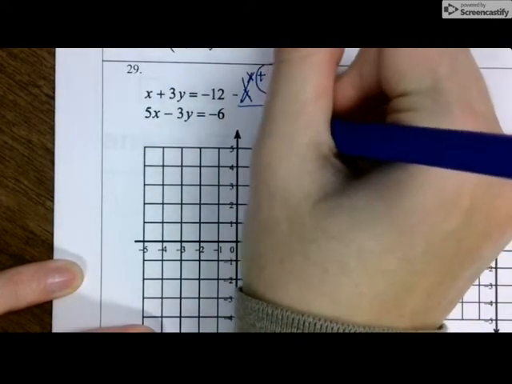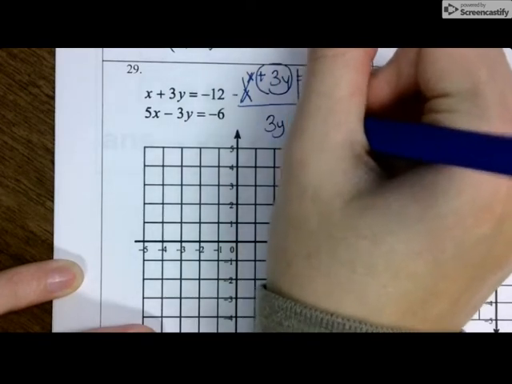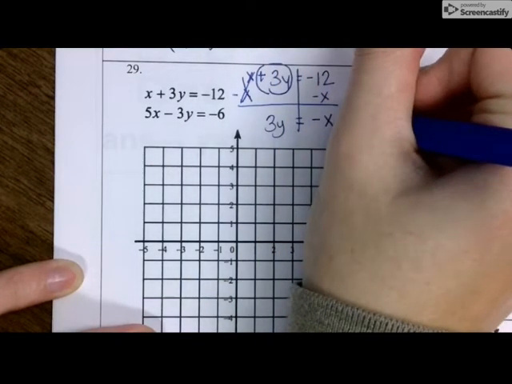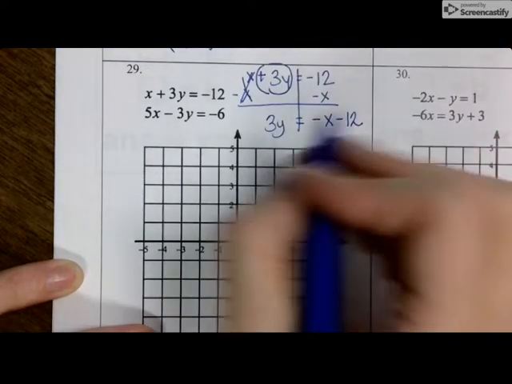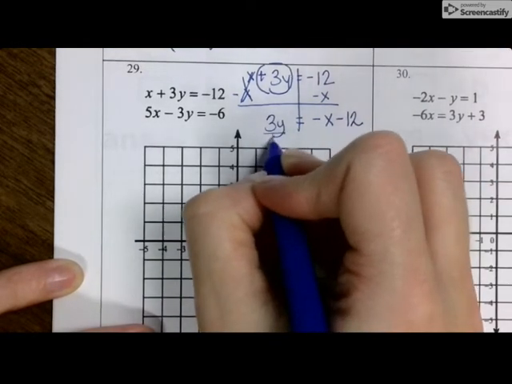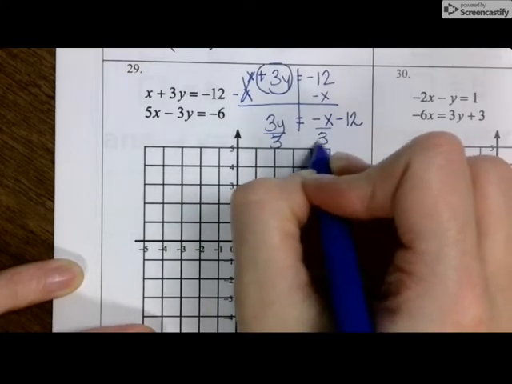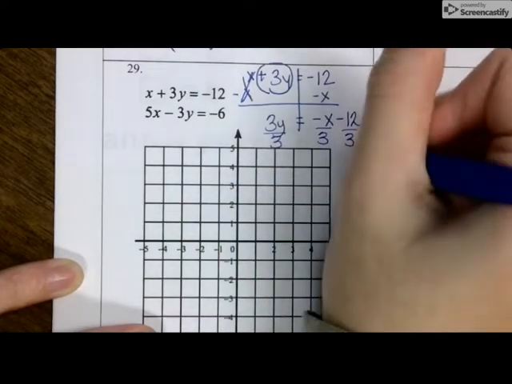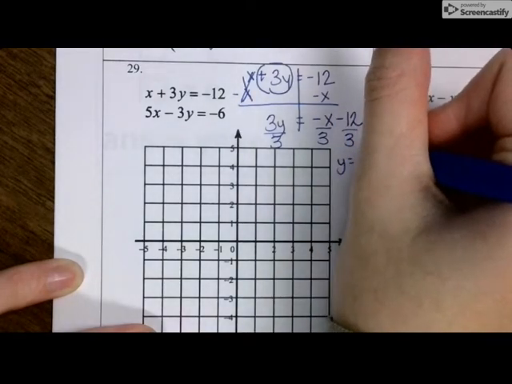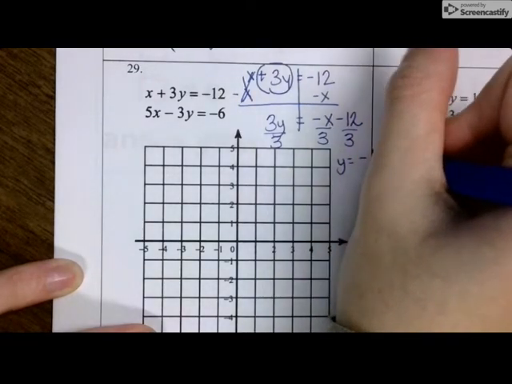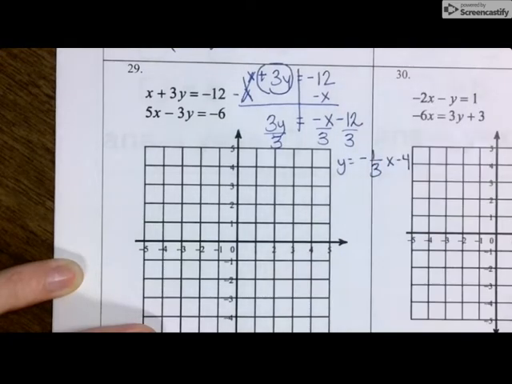That leaves me with 3y equals negative x minus 12. Now I need to divide every single term by 3. So I end up with y equals negative 1/3 x minus 4.